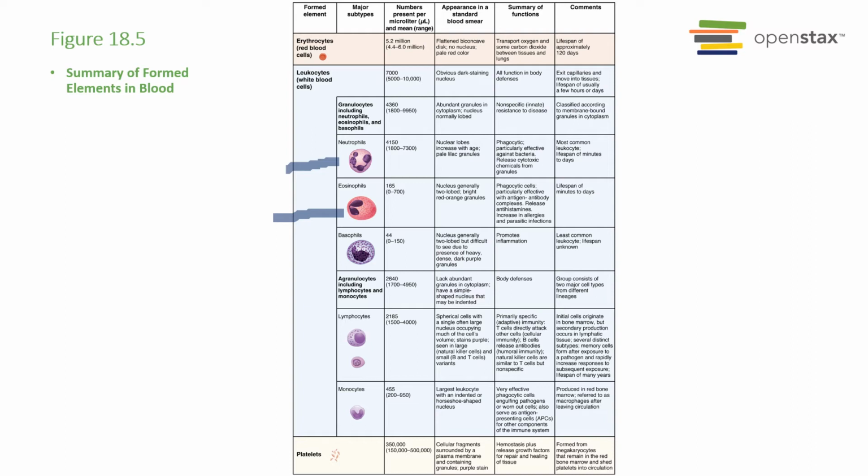So here I want you to be able to recognize them. I want you to know their function. There's some other detail here, but I want you to know to recognize them by image, know their function, know the name of them, and their prevalence, which ones are the most common.